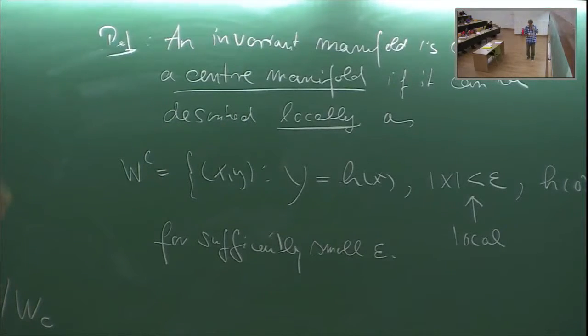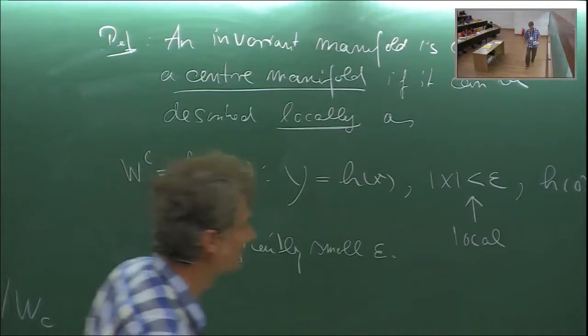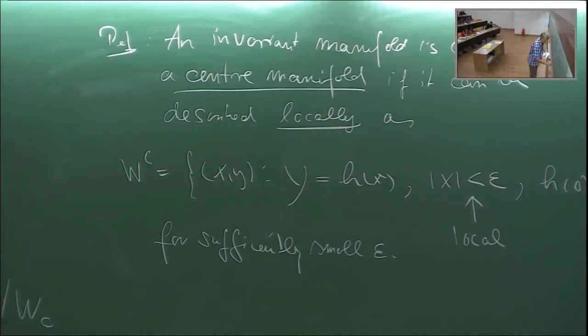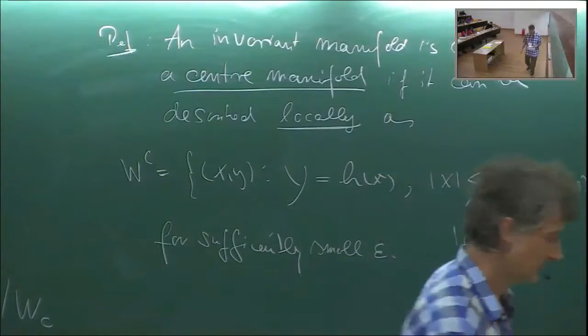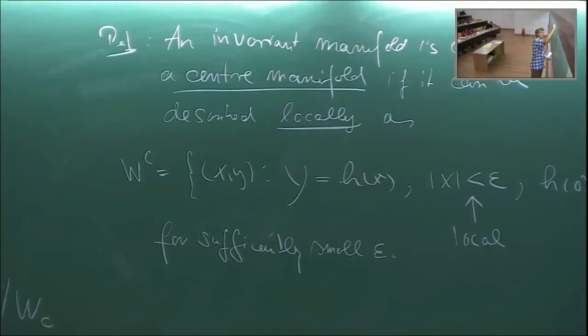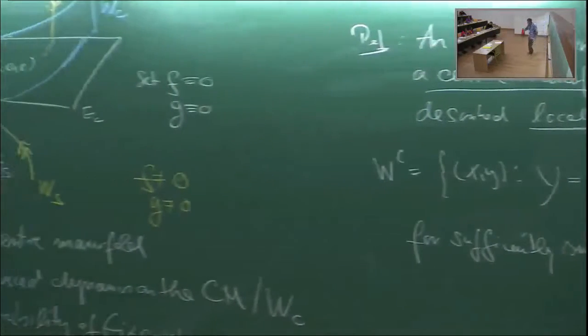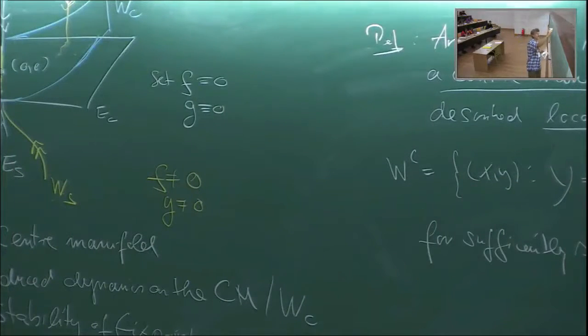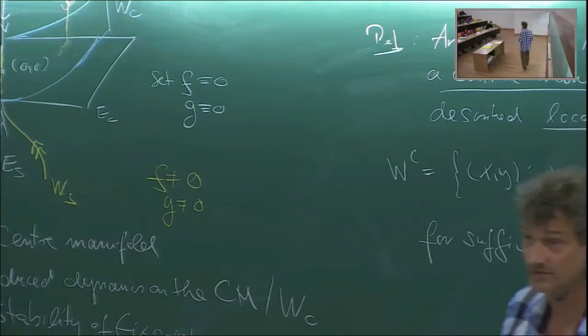So maybe I start first with stating the theorems before we see how to apply it. So there are theorems that assure in systems like this here the existence of such an invariant manifold. Okay? And in the theorem you already see how we can apply it to do model reduction.